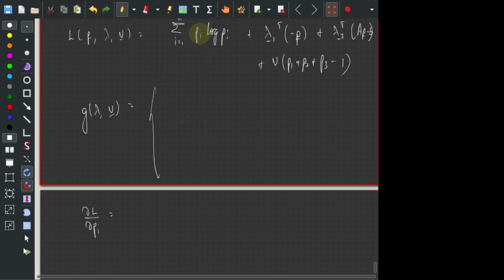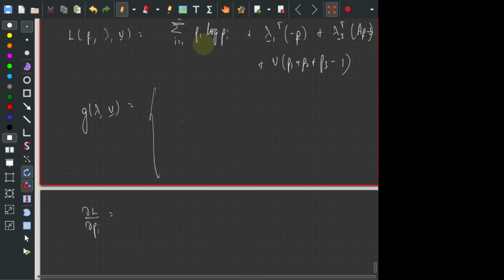So as pi tends to infinity, what happens to this particular quantity, x log x? It tends to plus infinity.